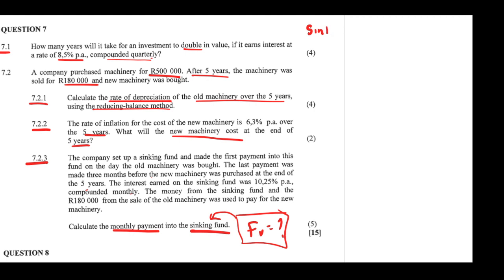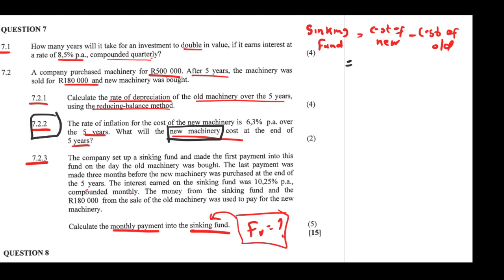Sinking fund formula is actually equal to the cost of new minus cost of old, right? What is cost of new? Cost of new is the amount of money, this one here that we found, the new machinery, right?